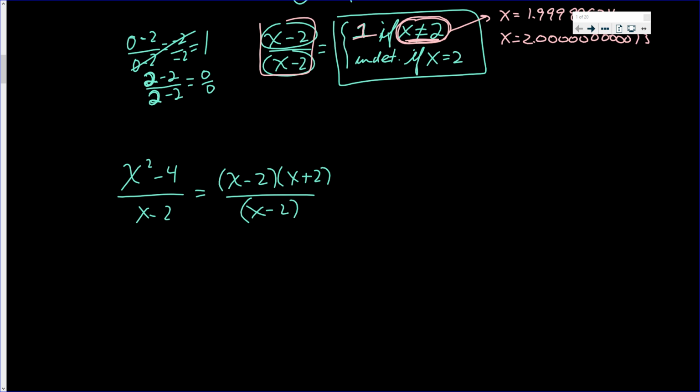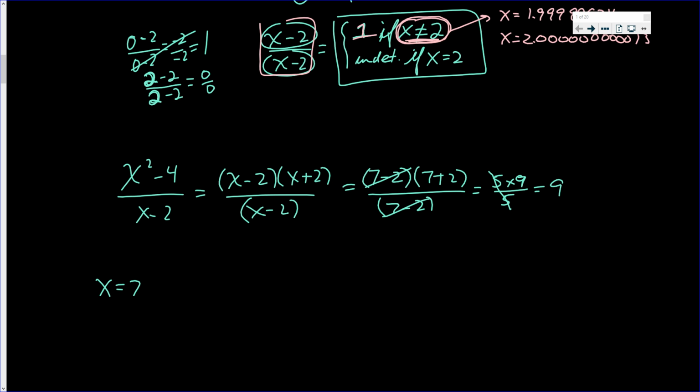Now, if you plug in another number, so suppose x is 7. So you're going to get 7 minus 2 times 7 plus 2 over 7 minus 2. That is, you're going to get 5 times 7 over 5. This is going to cancel. Oops, 7 plus 2 is 9, excuse me. You're going to get 9.